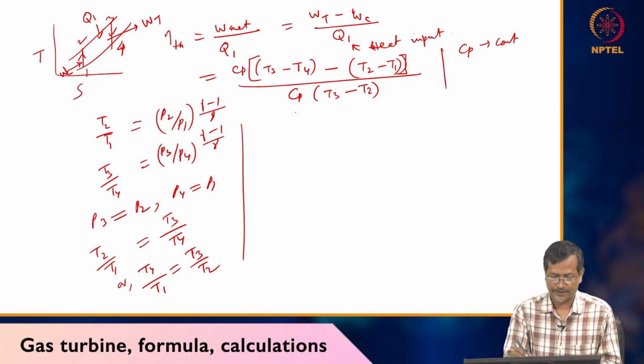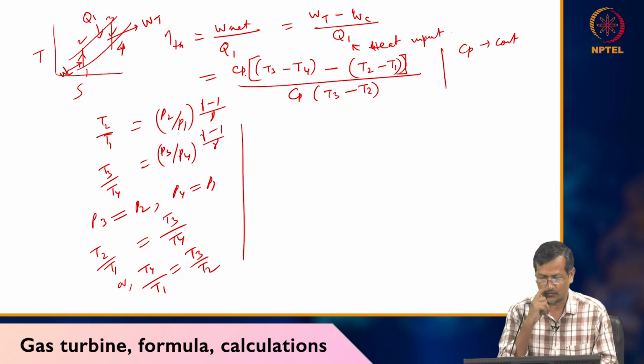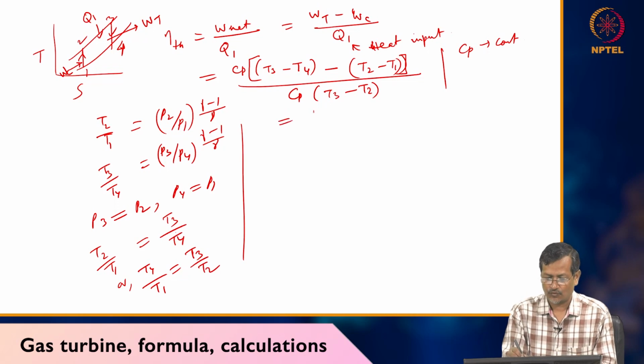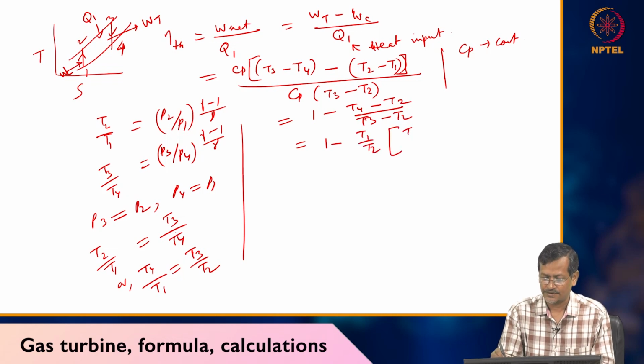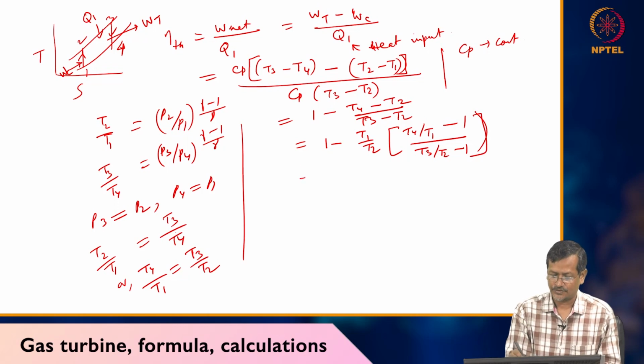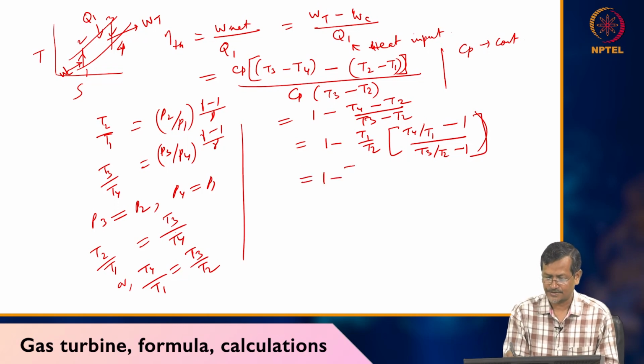Then I can put all the values here: 1 minus (T4 minus T1) over (T3 minus T2) equals 1 minus T1 by T2 times (T4 by T1 minus 1) over (T3 by T2 minus 1). So this gives me 1 minus T1 by T2.